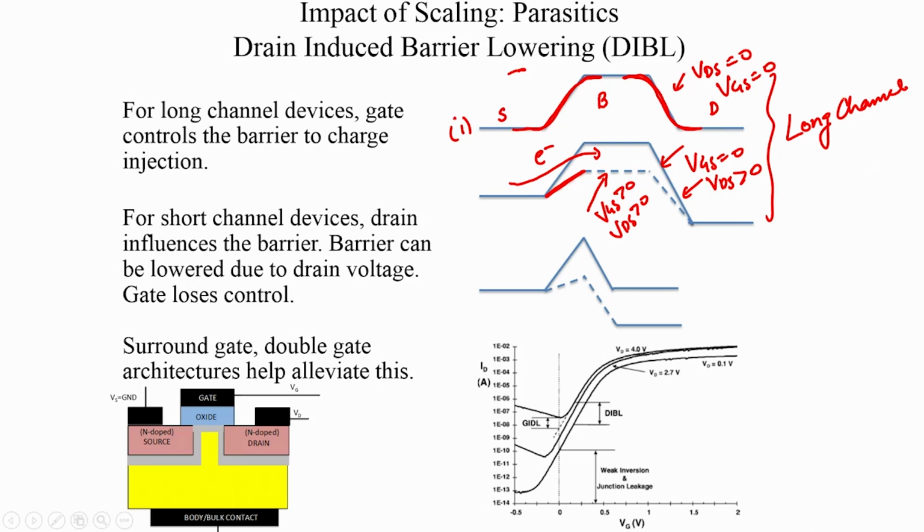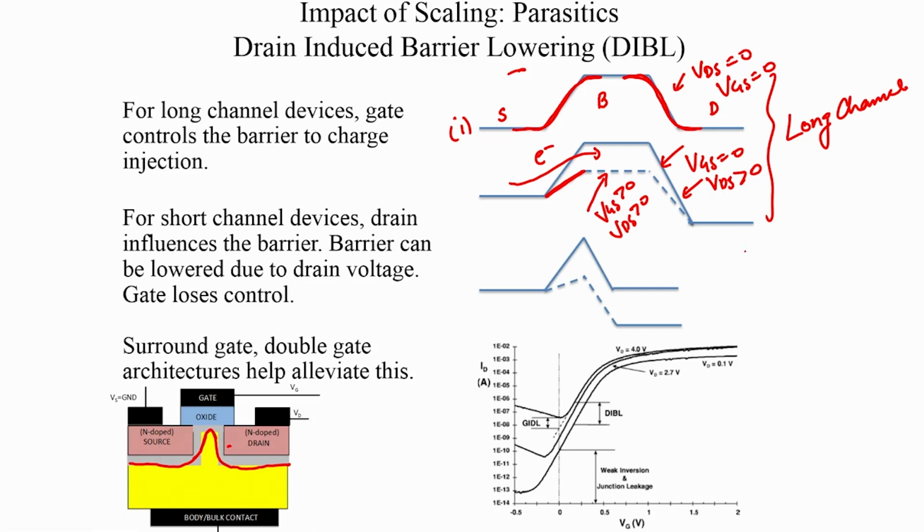Now when we head towards short channel MOSFETs, the drain starts getting very close to the source. So in fact, if this is the depletion layer of the source, then you can see that drain depletion starts immediately, and that is the band bending.